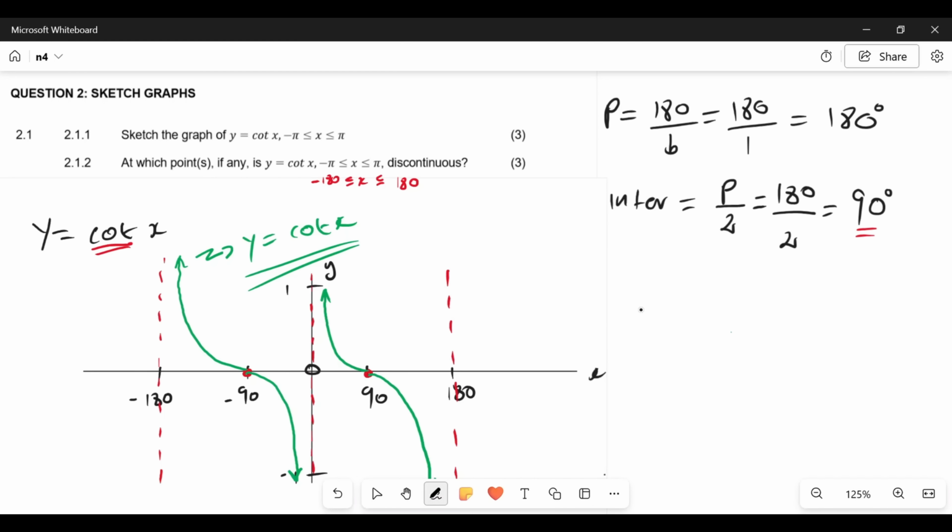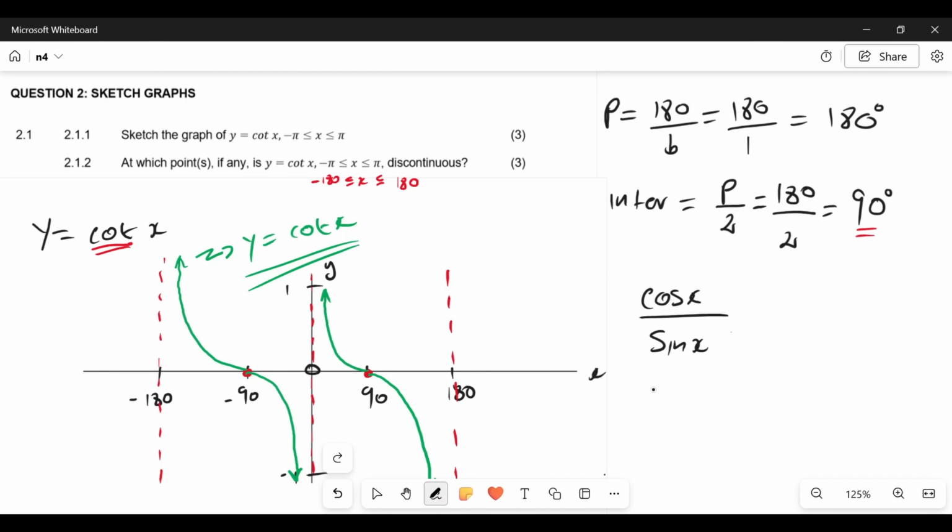In order for us to find that, we need to do the following. We know that cot x is cos x divided by sin x, right? This is what we call the quotient identities. When we use this, we have to equate our denominator, which is sin x, with 0 and solve for x.